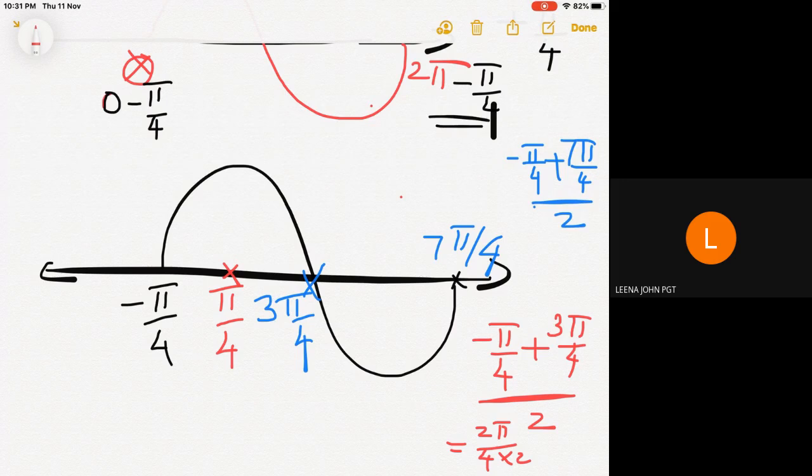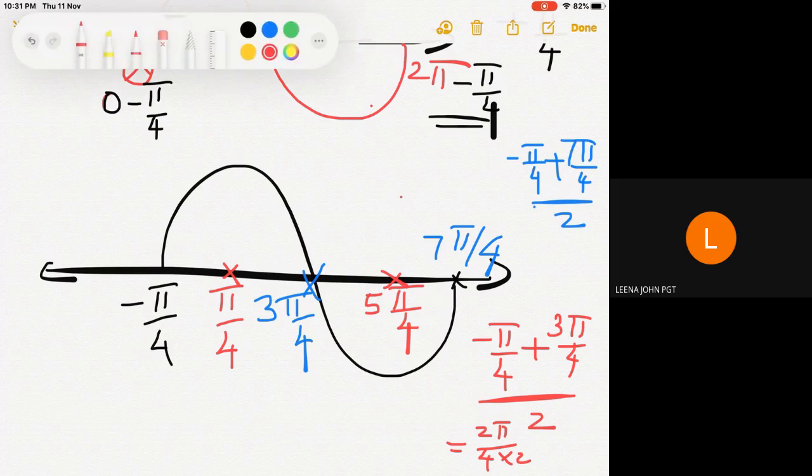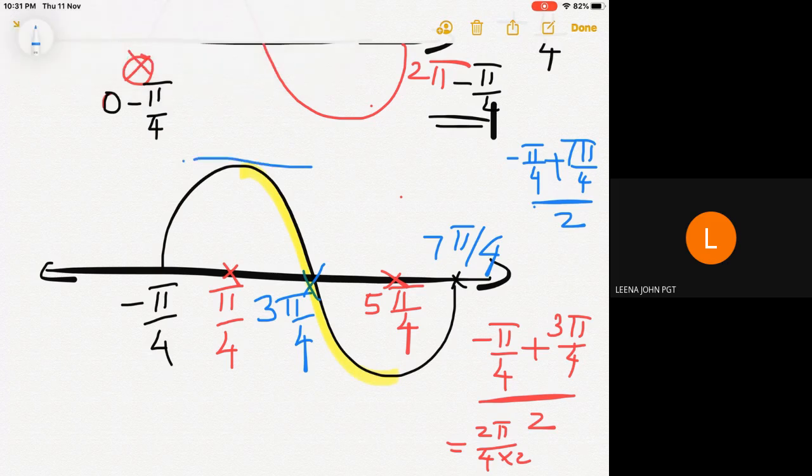Now it is very easy to find here: 7 pi by 4 plus 3 pi by 4 is 10 pi by 4, and half of that is 5 pi by 4. Now very easily you can find out in which interval it is strictly, what was the question? Strictly decreasing. When strictly decreasing comes, you will never take this point, the tangent is having slope 0, so this point you will not include.